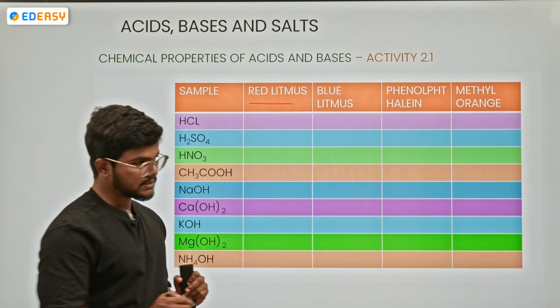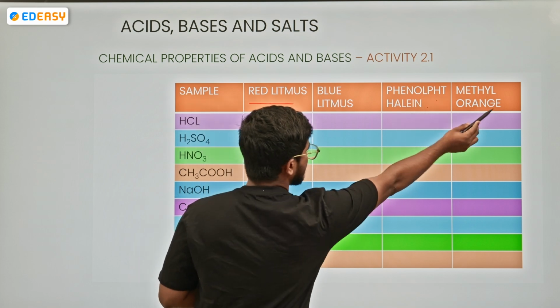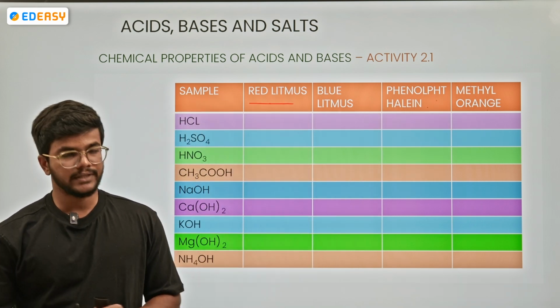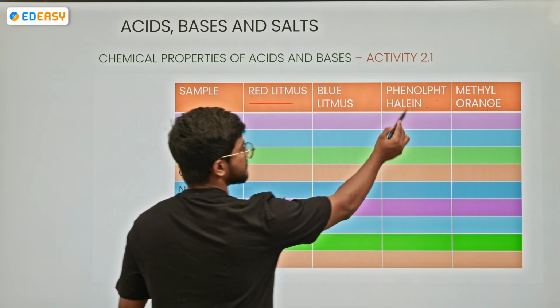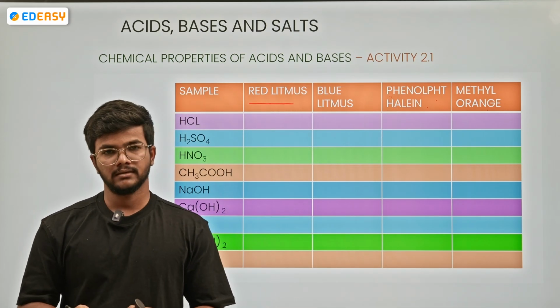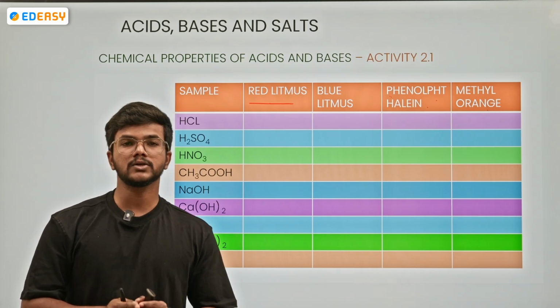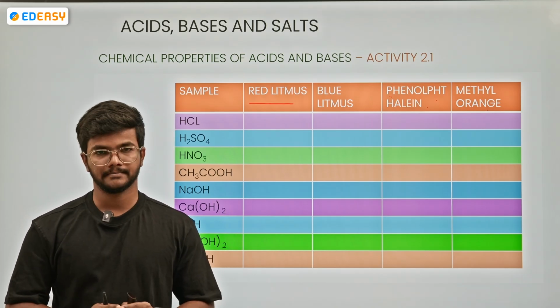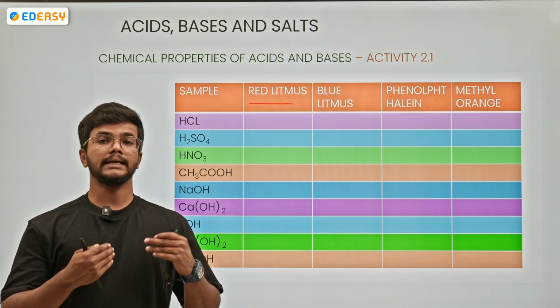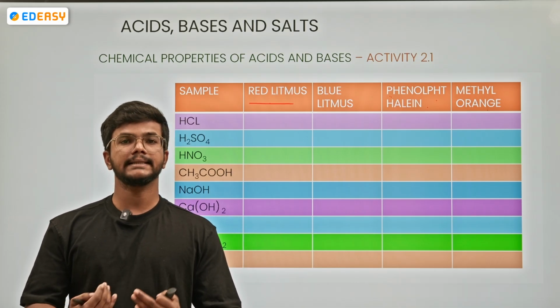Okay, next, these are the two artificial indicators which are used to identify the acids and bases. Phenolphthalein indicator is called a pH indicator, or also an acid base indicator. It indicates only base, but it won't change its color in the acidic solution.